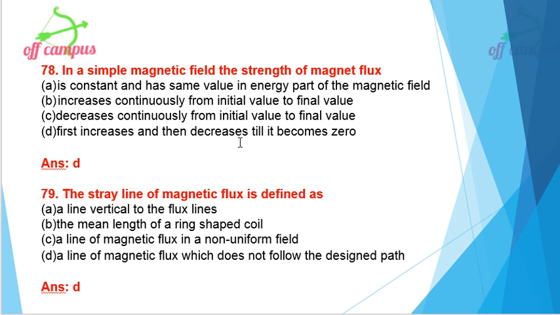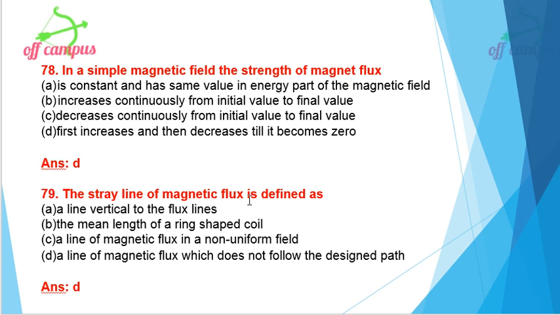Which one is the correct one? In a simple magnetic field, the strength of magnetic flux first increases and then decreases till it becomes 0. Option D is the right option. Okay. Question number 79. The stray line of magnetic flux.